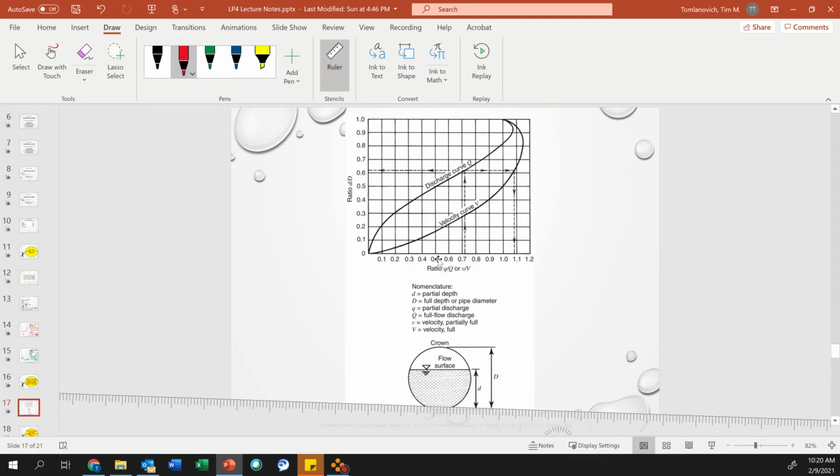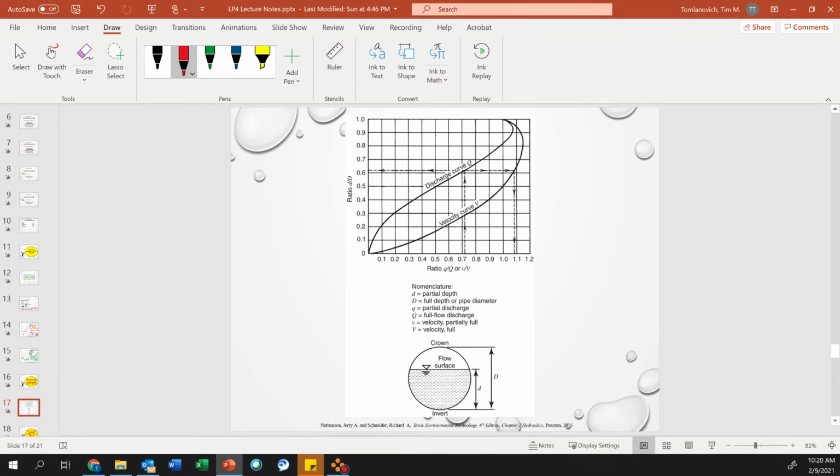And guess what? We have a chart right here. This is partially full, so we cannot use the entire area of that pipe to figure out the cross-sectional area of flow, because it's not full. So they created this chart.